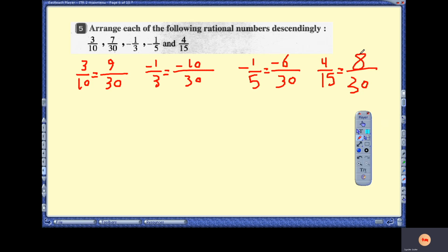Start by the greater positive rational number. The greater is 9 over 30, so you will write at first 9 over 30, and it's equal to 3 over 10.